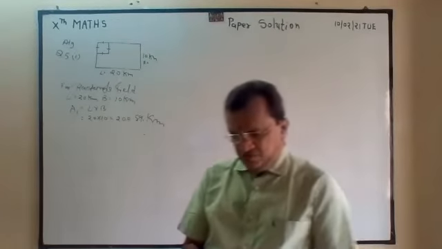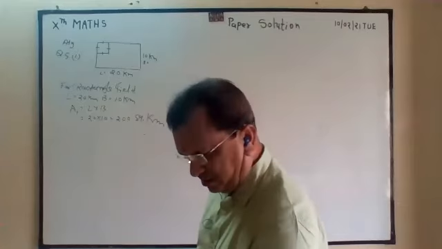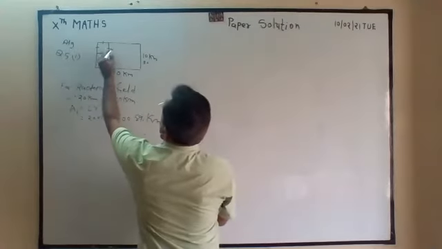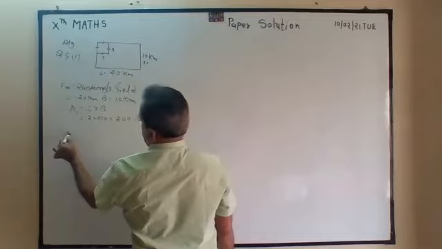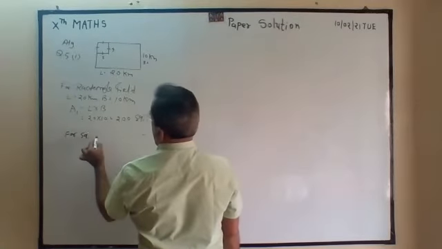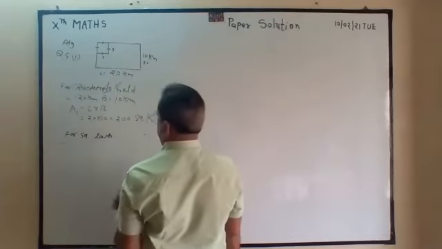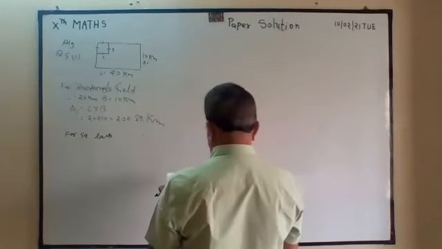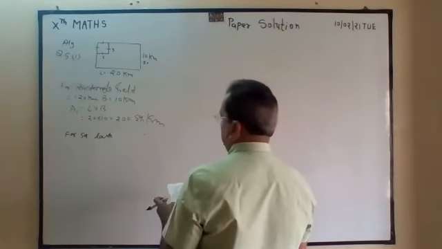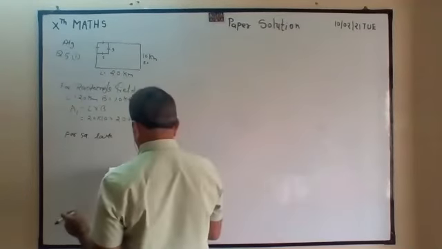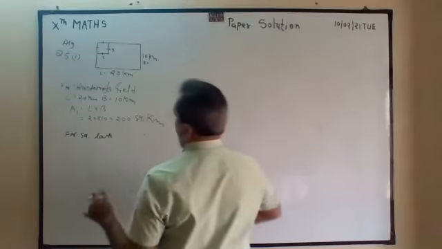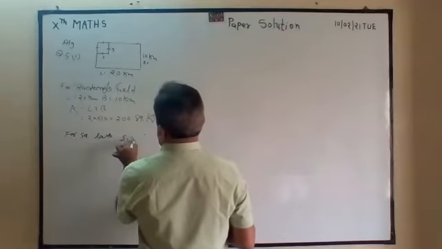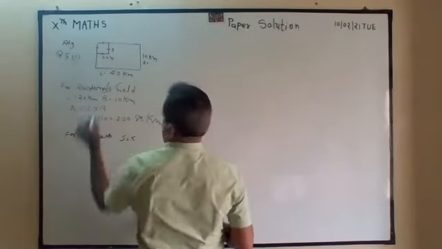Now, we want the side of the lake, that is S, for the square lake, side, you can say x.